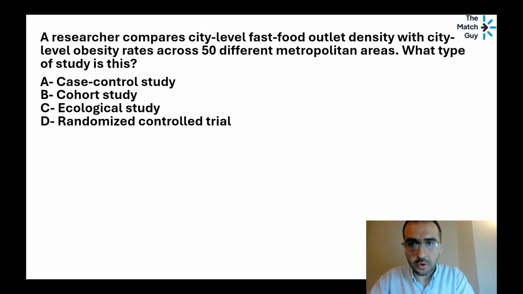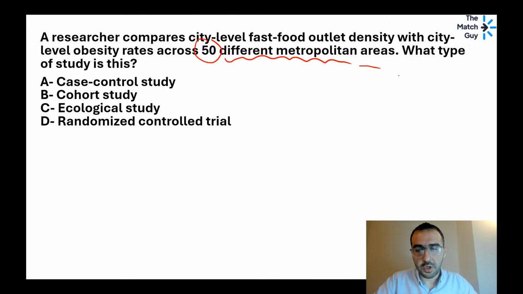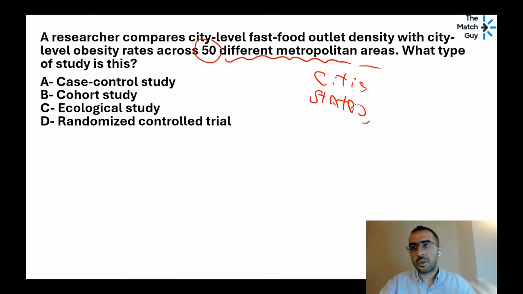Yeah, and then the other study here, as you see, this one looks more distinct. For example, we're doing this study over cities, like 50 different metropolitan areas. Once I mention cities, states, comparing neighborhoods, it's basically city level, not individual level.